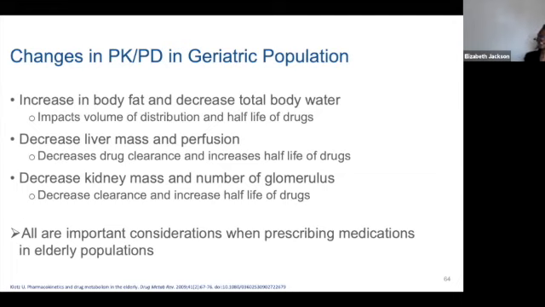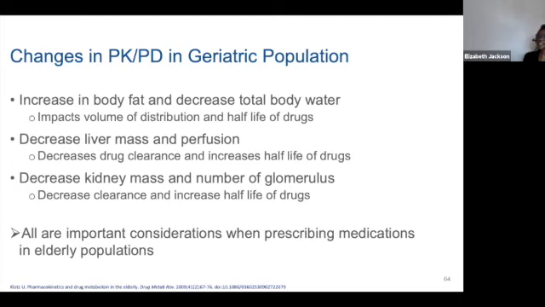Discussing changes in pharmacokinetics and pharmacodynamics in the geriatric population. This is important as we discuss polypharmacy in the geriatric population. The reason is, as we age, there's an increase in body fat and decreased total body water. What does that mean?